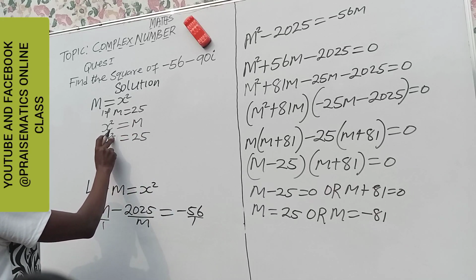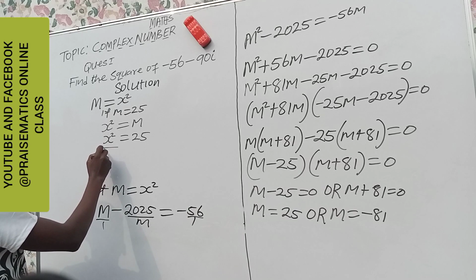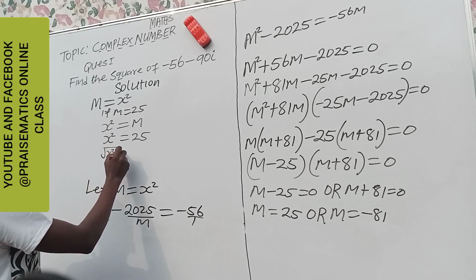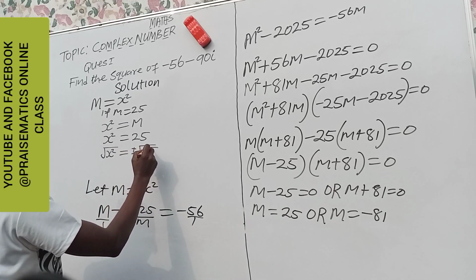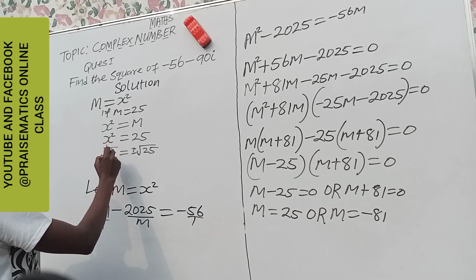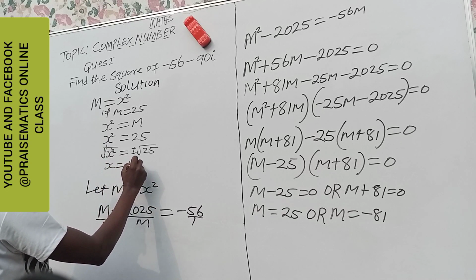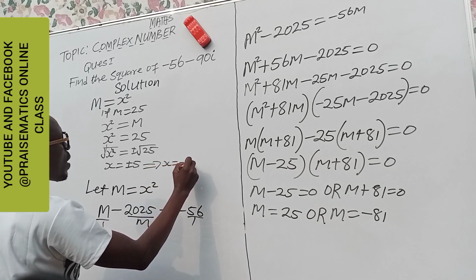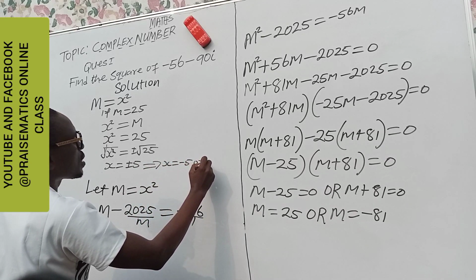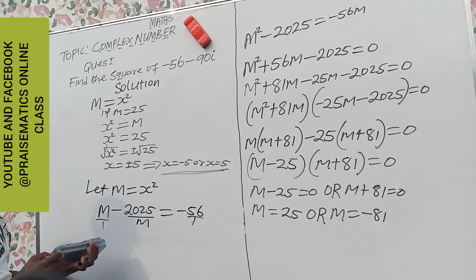Now we want to get X. We square root both sides: square root of x squared is equal to plus or minus square root of 25, which will give us X equals plus or minus 5, which implies that x is equal to minus 5 or x equals to 5.